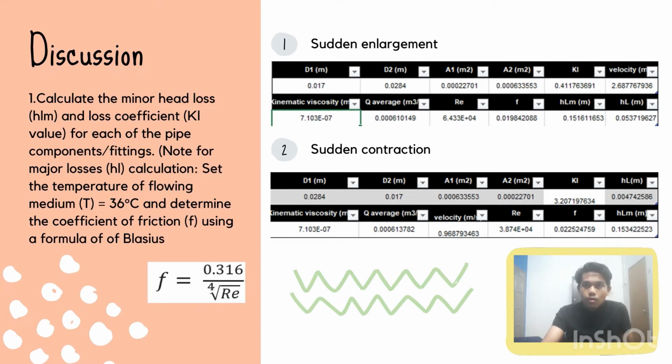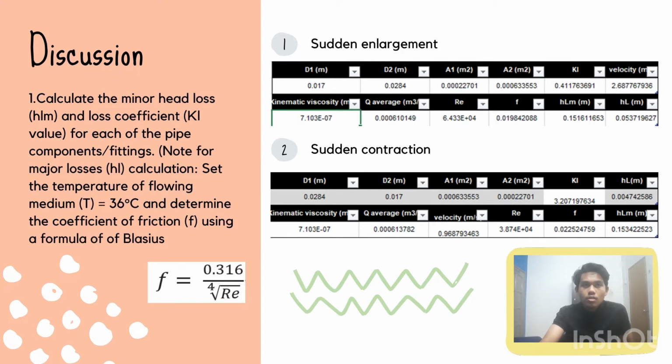The diameter is already given, we use D1. From there we can find the Reynolds number, and from the Reynolds number we can find the friction coefficient by using the Blasius formula, which is f equals 0.316 over the 4th root of the Reynolds number.